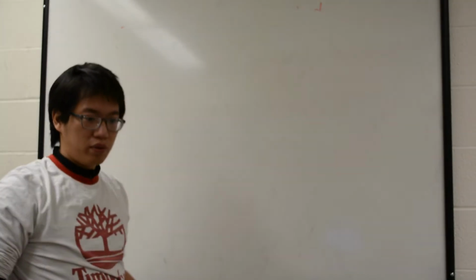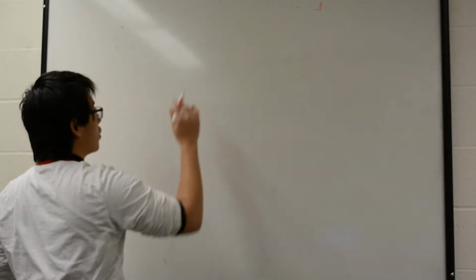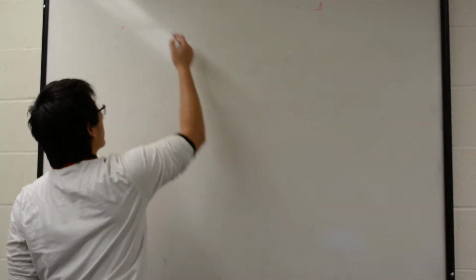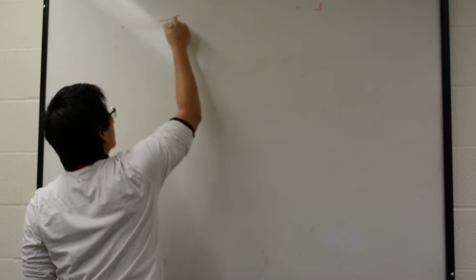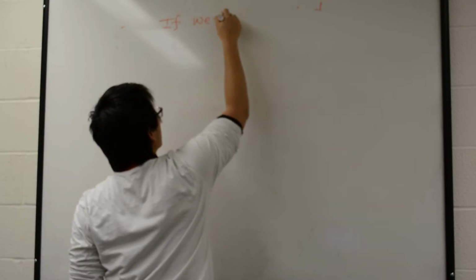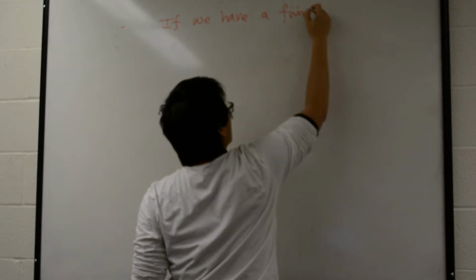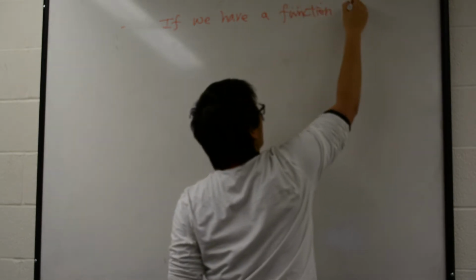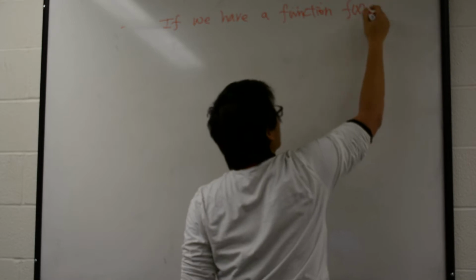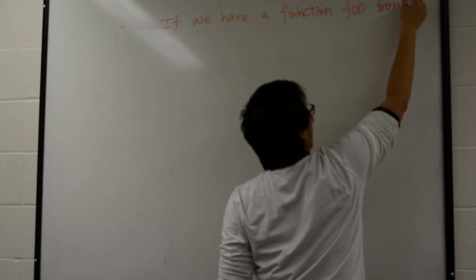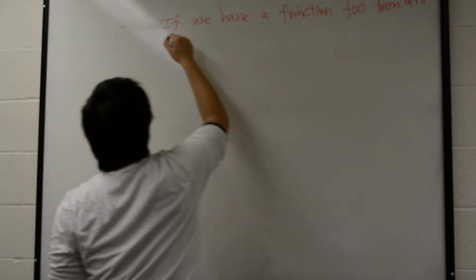So the general formula for this question is like this: if we have a function called f of x, this is defined from a to b.